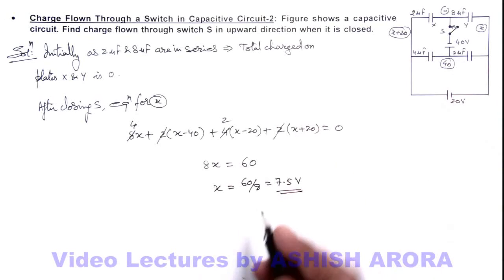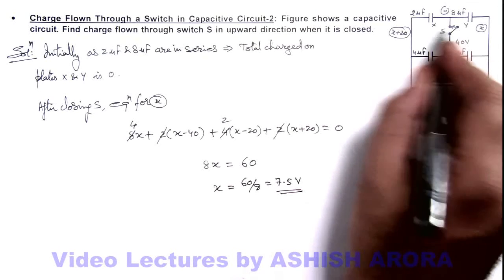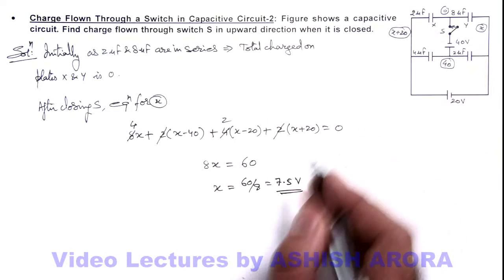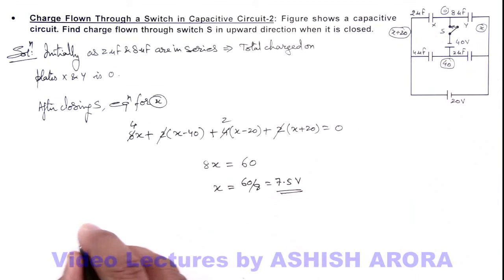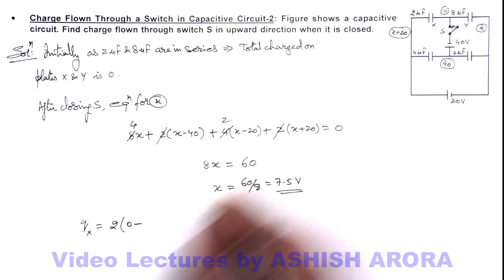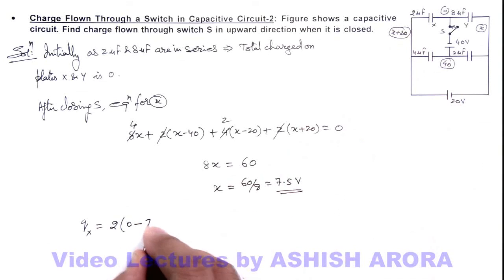So now we can calculate the charges on the 2 microfarad and 8 microfarad capacitors on their plates X and Y. So we can find out the charge on plate X. This will be 2 multiplied by 0 minus X minus 20, so this will be minus 7.5 minus 20.